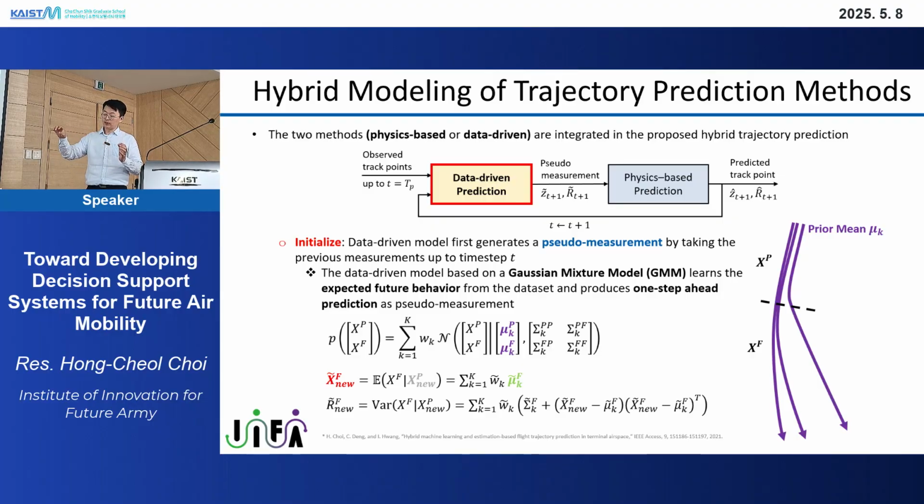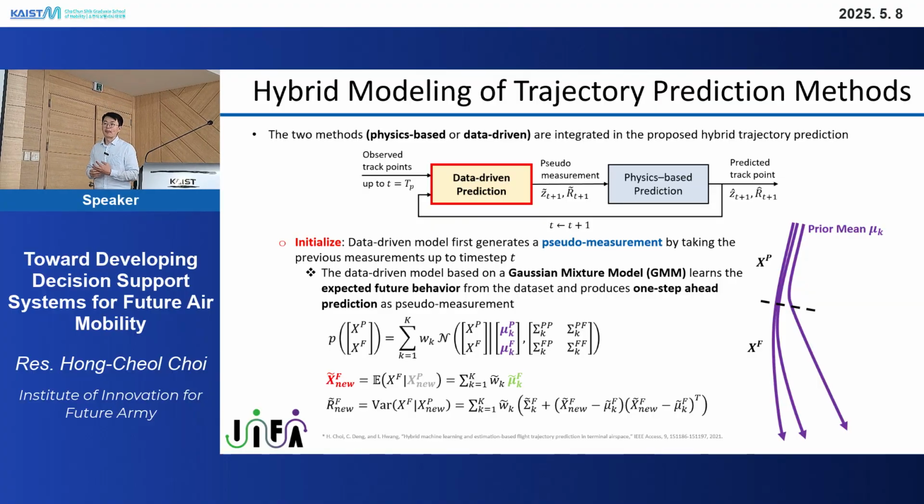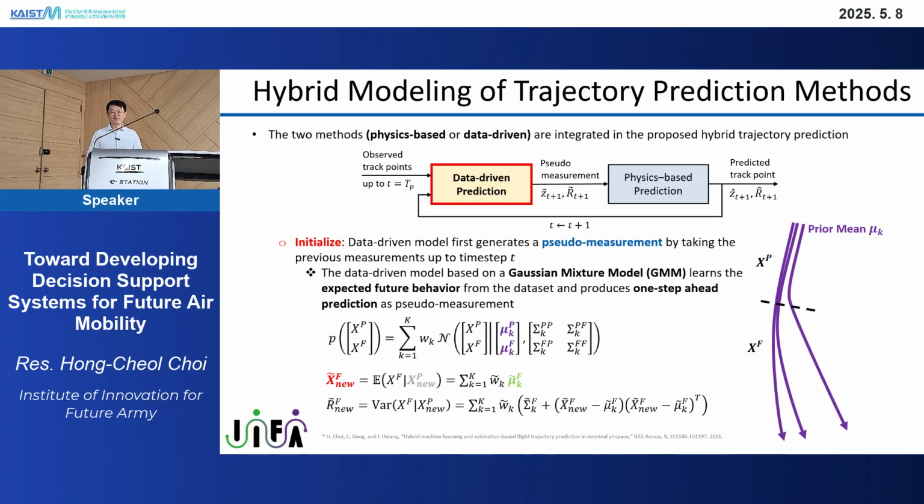Then with a very small amount of actual AAM data, we can transfer to that domain. As data accumulates, the model learns online and gets better and better. Okay, great. Thank you very much.